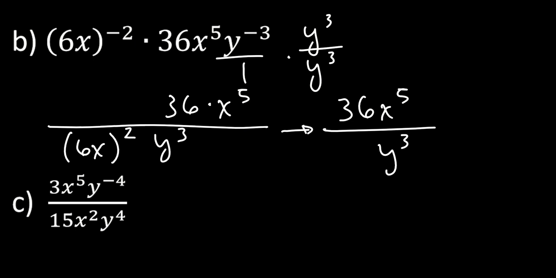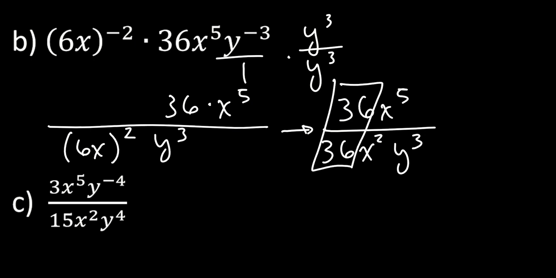Now if I square 6 times x, right, that's a 6 times an x times another 6 times x. 6 times x squared gives me 36 times x squared. So what I'm looking at now is I have a giant 1 in the form of 36 over 36. So that's gone.